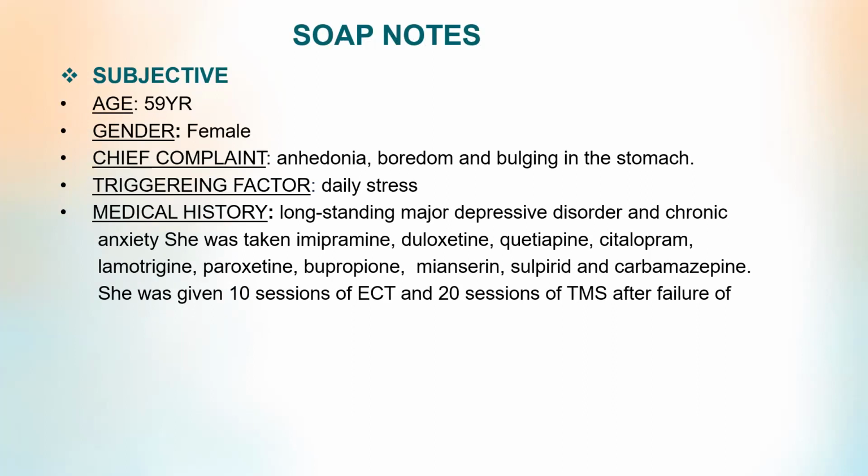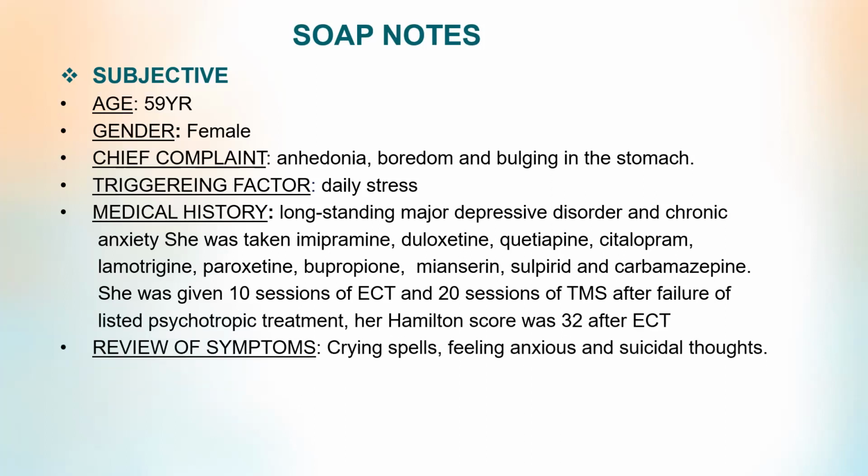She was taking imipramine, duloxetine, quetiapine, citalopram, lamotrigine, paroxetine, bupropion, mianserin, sulpiride, and carbamazepine. She was given 10 sessions of ECT and 20 sessions of TMS after failure of the psychotropic treatment. Her Hamilton score was 32 after ECT. Review of symptoms: crying spells, feeling anxious, and suicidal thoughts.